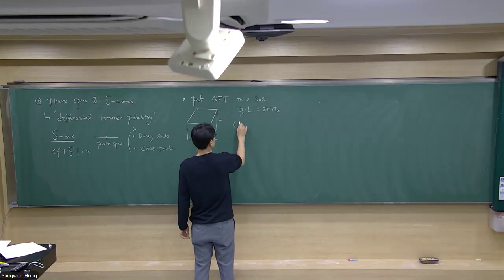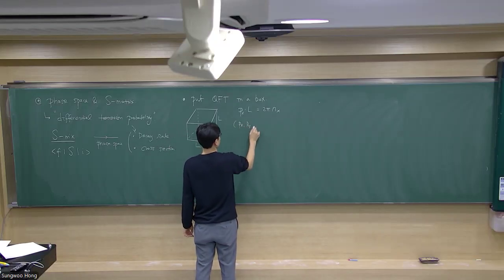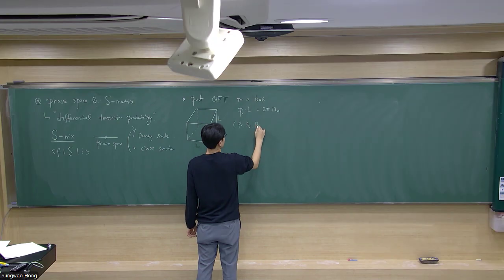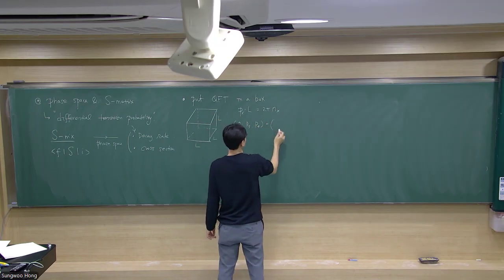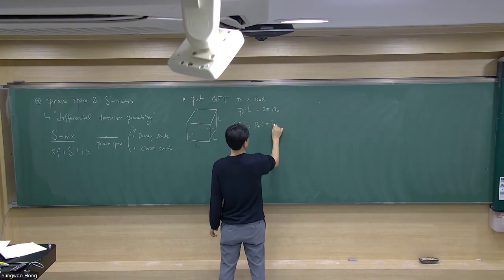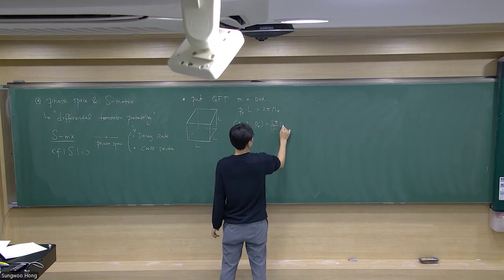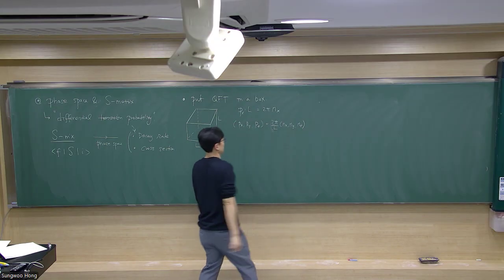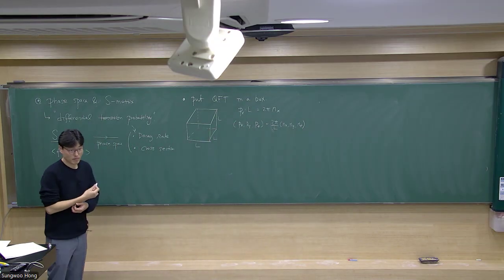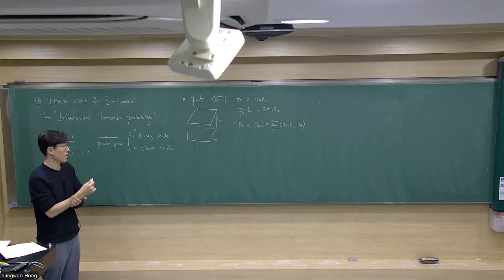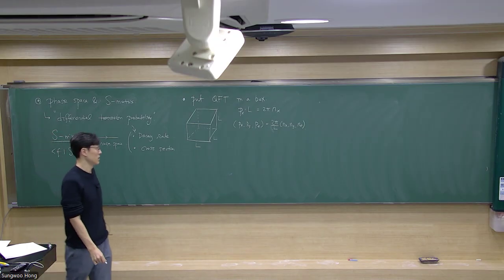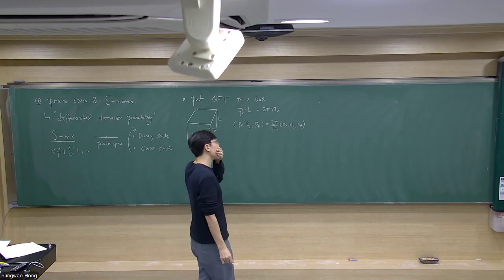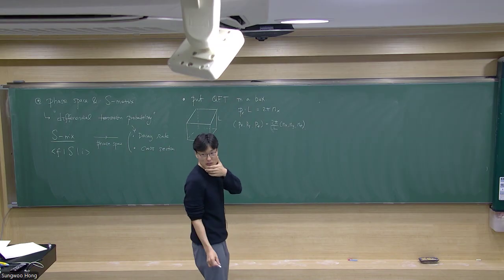Therefore px, py, pz will now be quantized: 2 pi over L times integers nx, ny, nz. So far so good?